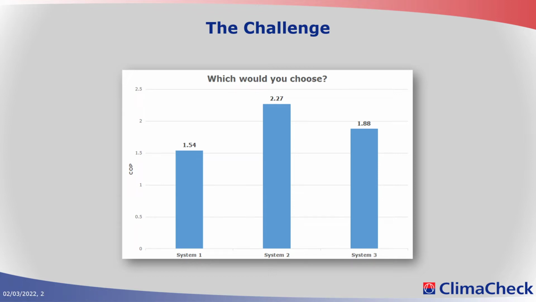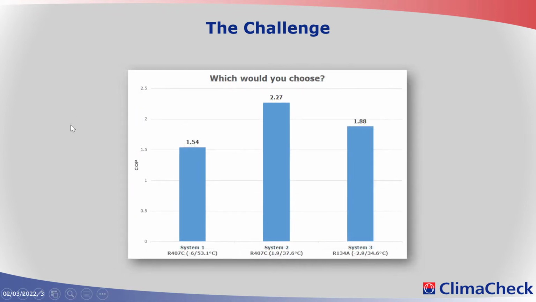Now, if we give a bit more information about these three systems so that we can compare them a bit better, we see that not all of them are running with the same refrigerant. The first two have R407C and the third one R134A.